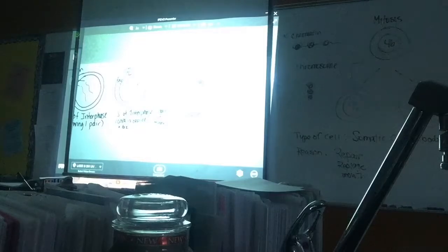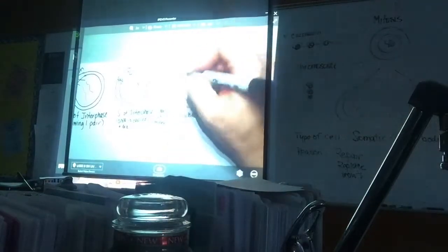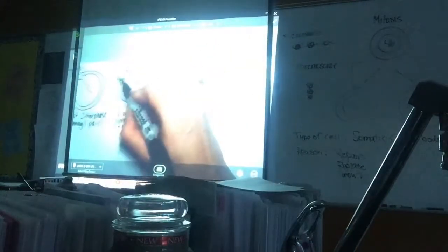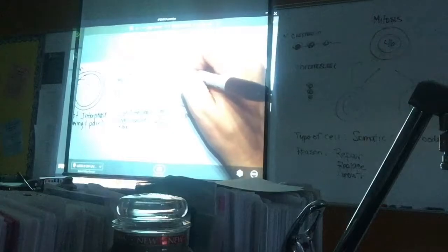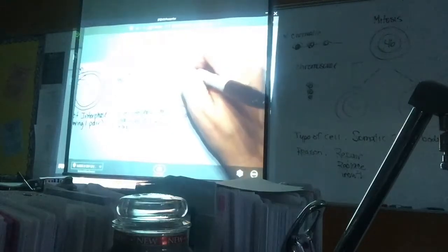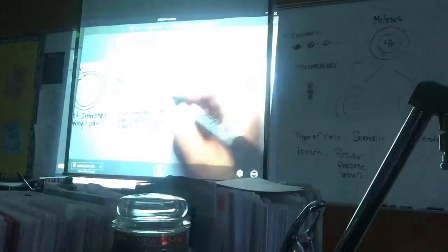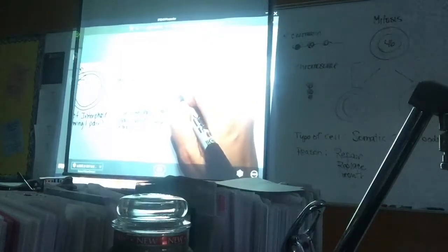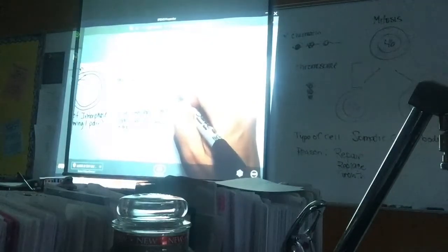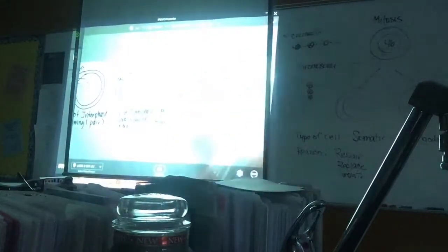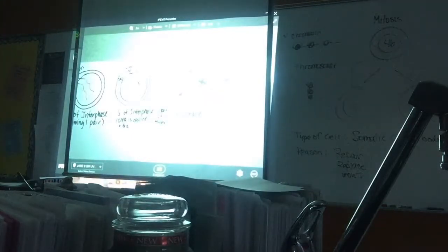All right? And then what's going to happen, remember big picture, we're going to want two identical cells at the end. And so these centrosomes, I'm going to draw these guys out here. I'm going to draw one right here, and then I'm going to draw the other one over here, so they're separating to opposite sides of the cell. They're not quite at total opposite sides of the cell yet.